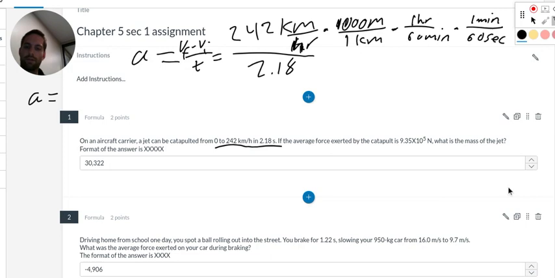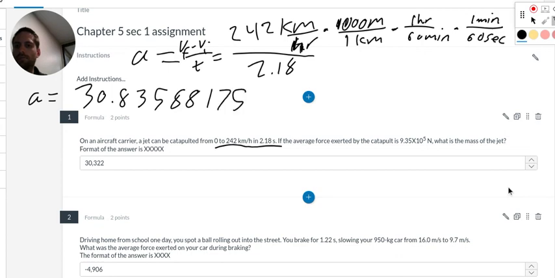Which I can find real quick. So now that I have my acceleration value, I can use the fact that force equals mass times acceleration.